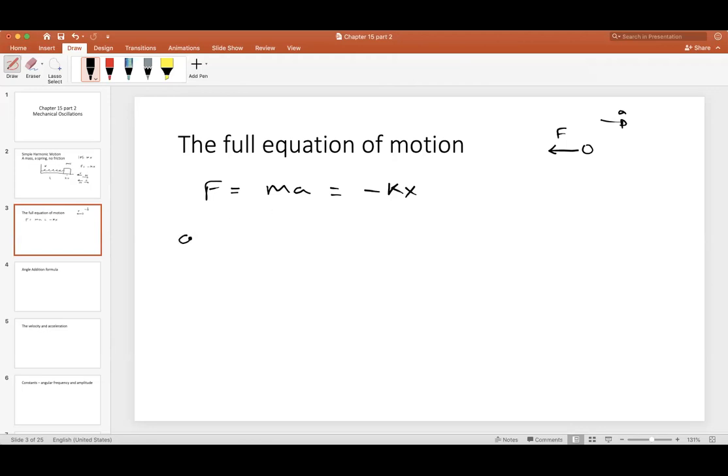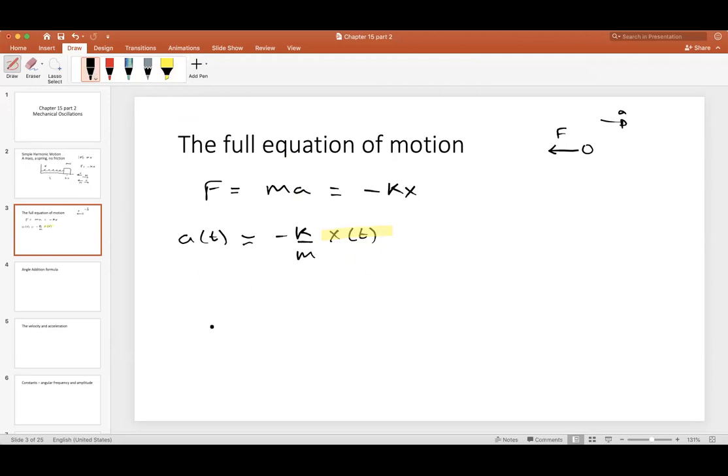But better would be to say that the acceleration is time dependent, and it's equal to negative k over m times some time dependent equation of our motion. Okay? So our job is to figure out what x of t is. This is what we're trying to figure out. We want to know what our position equation is.